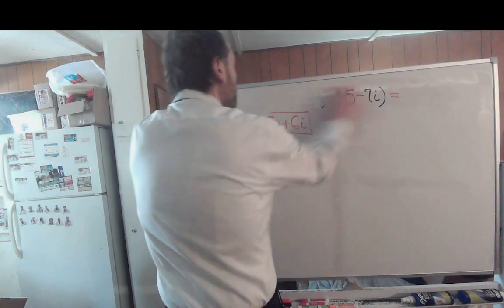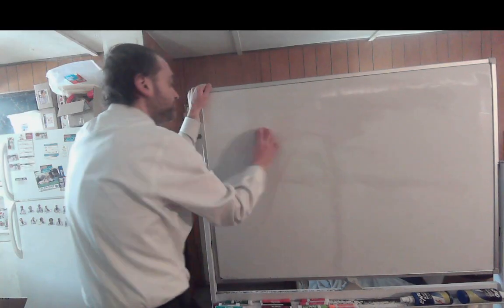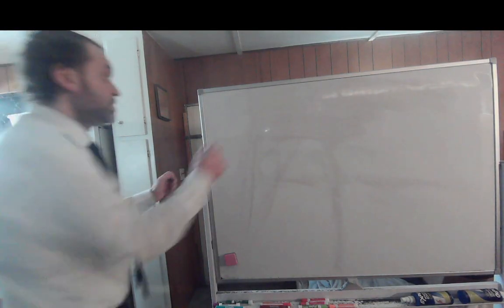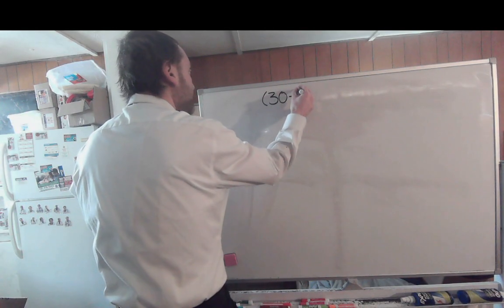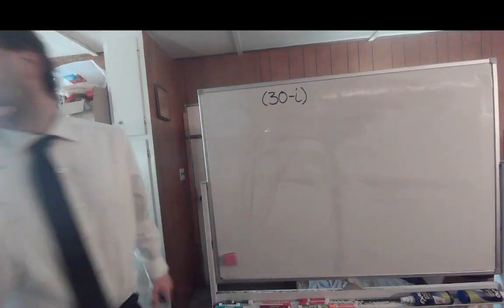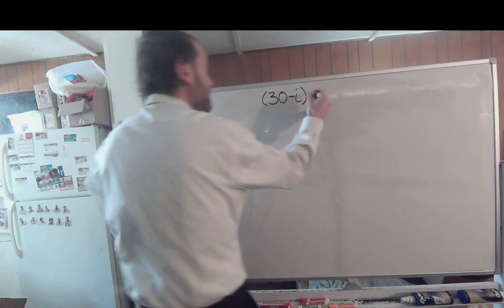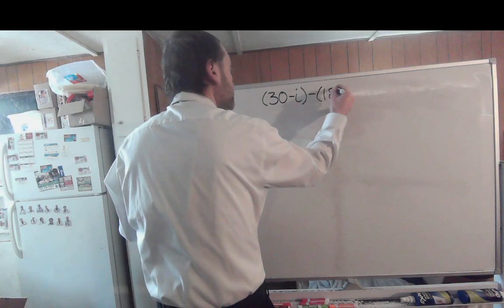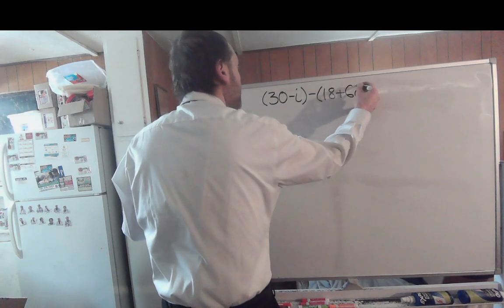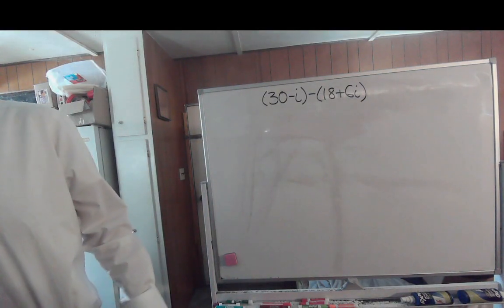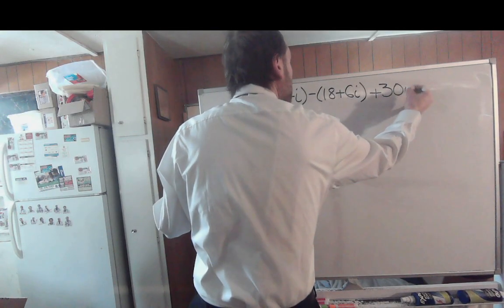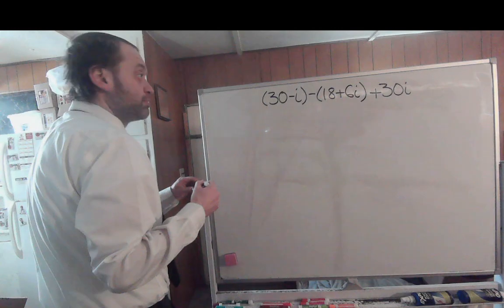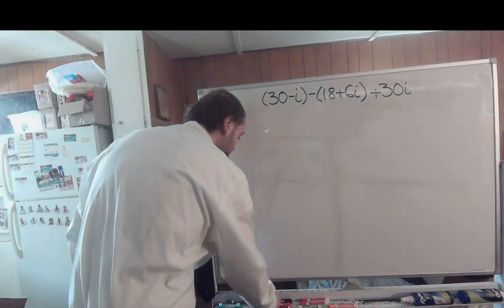And I got just one more. All right, so we have 30 minus i minus 18 plus 6i plus 30i. All right, so we have three complex numbers we're adding together here.